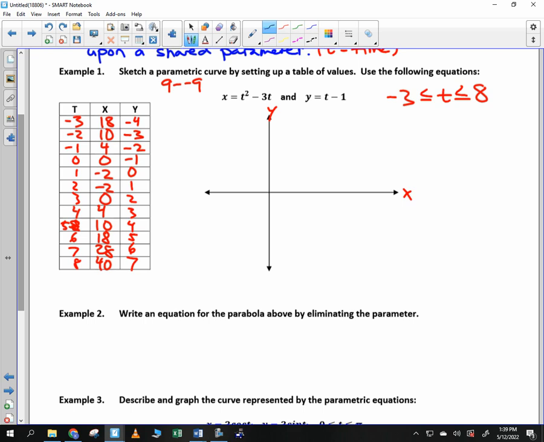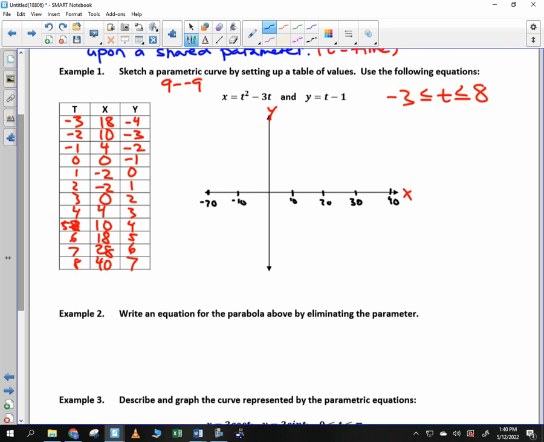I'm going to go ahead and take my x values. It looks like I go all the way to 40, so I'm going to make this 40. And then it looks like my y value is going from -4 to 7.